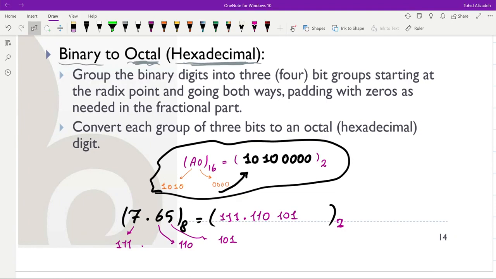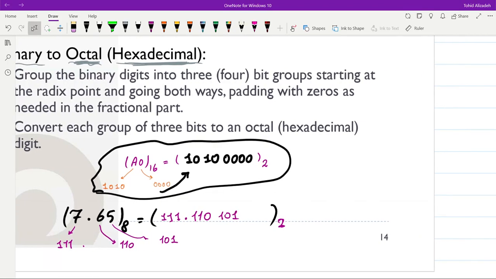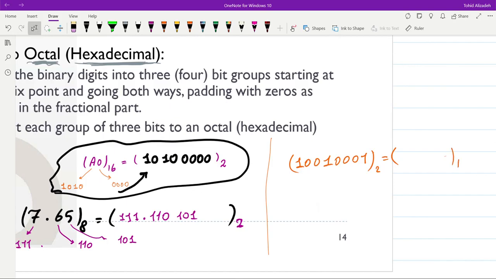To convert back from binary to each one of these, we will just create groups of 3 or 4 digits. Let me give you an example. So let's assume that we have 1 0 0 1 0 0 0 1 in binary, and we want to find its equivalent in hexadecimal.